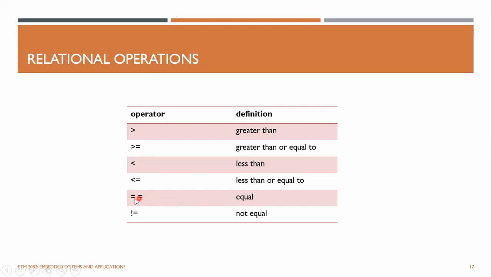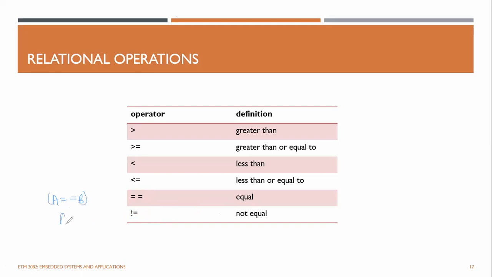Equal means if 2 numbers are equal, you have to use a double equal, right? If you use a single equal, that number will be set equal to the other number. So if you want to compare 2 numbers, you always have to use 2 equal signs. If you want to check whether A and B are equal, you check like this.